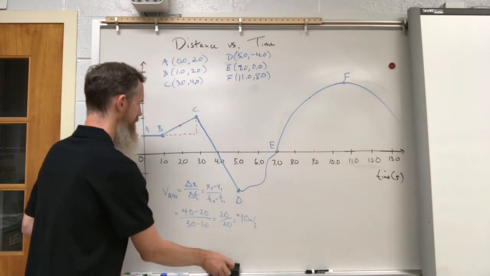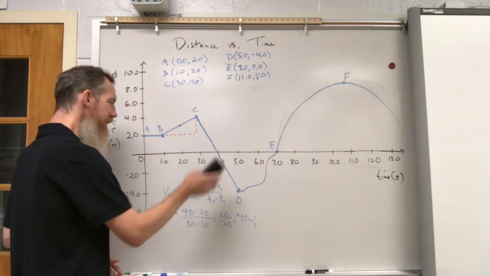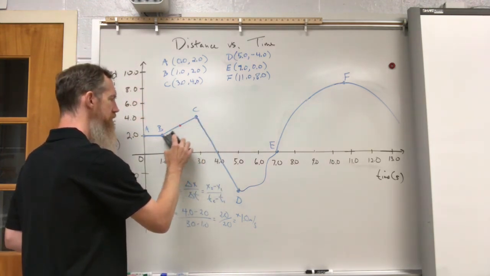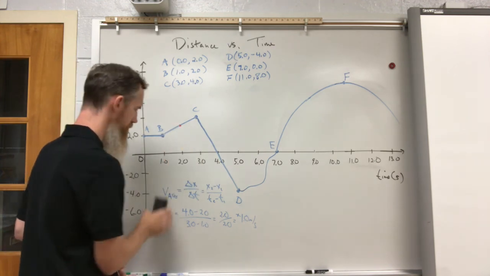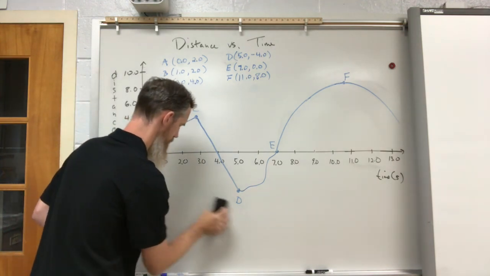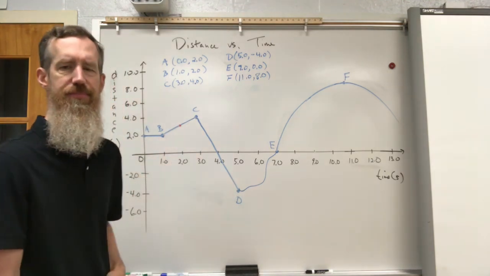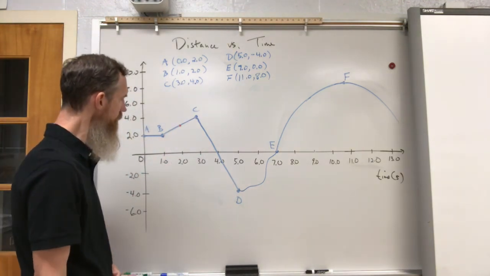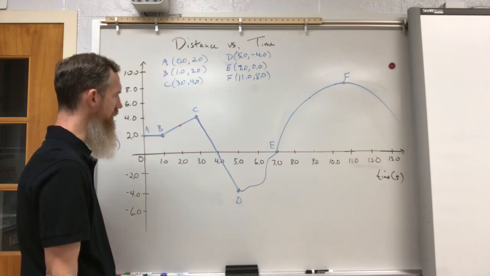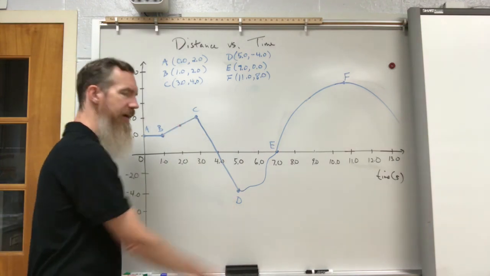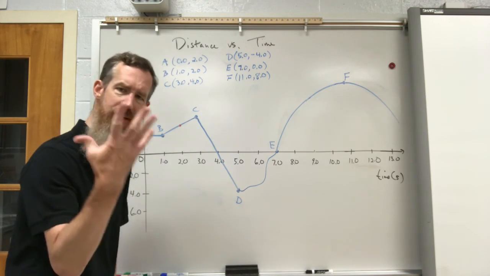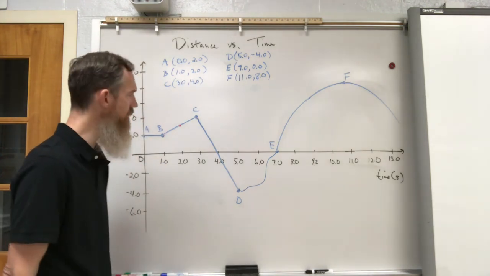Now, if we analyze the motion from only points C to D, well, we have to ask ourselves what's going on here. Well, we see a nice straight line, and so we understand that's a nice constant motion.